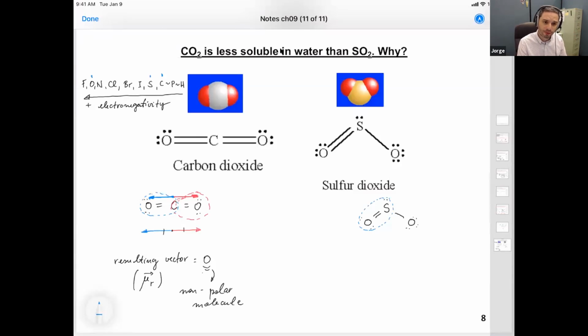And we know from the order of the electronegativity that oxygen is the more electronegative. Therefore, it will pull the electrons in the chemical bond close to itself. So we are going to represent that by a vector pointing from the sulfur towards the oxygen atom.